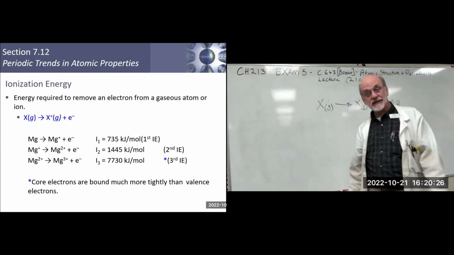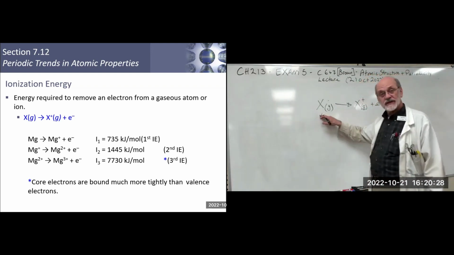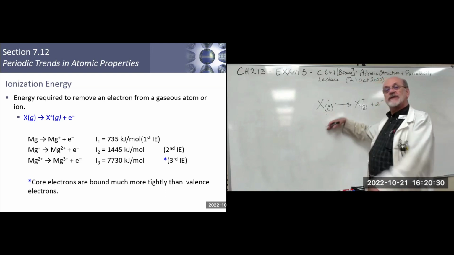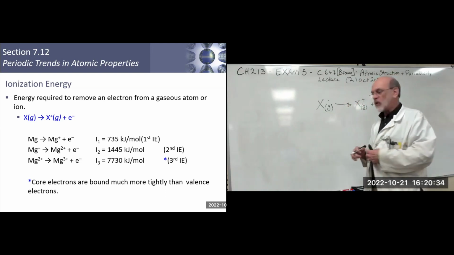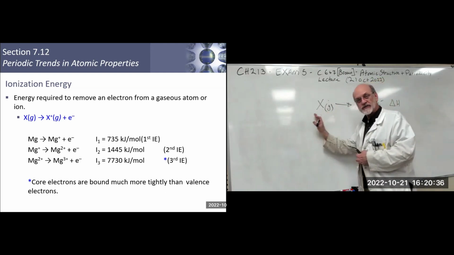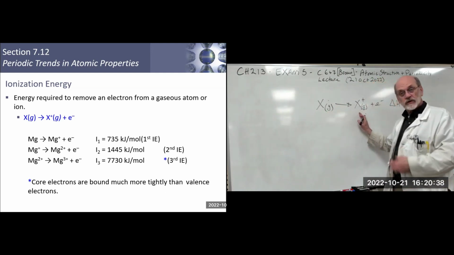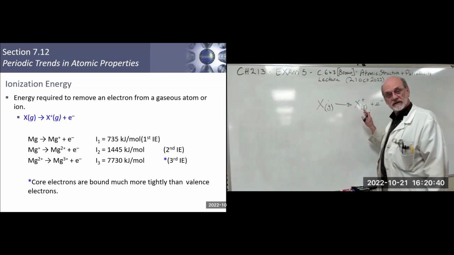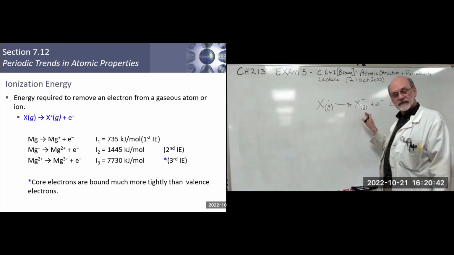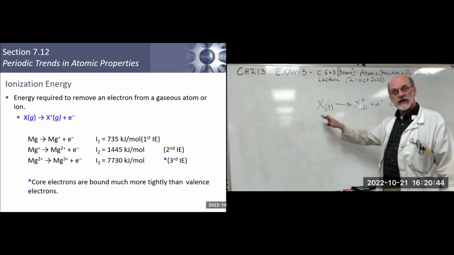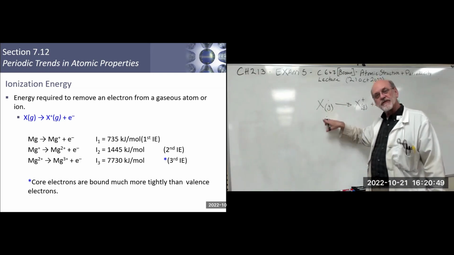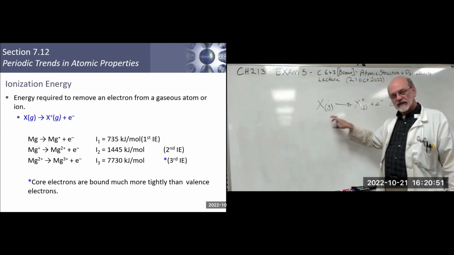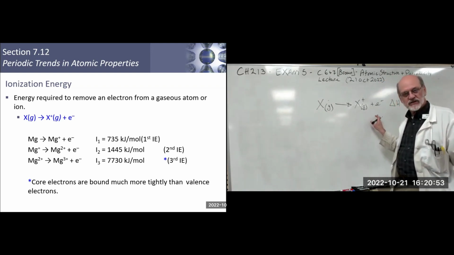That's because it takes a lot of energy to get magnesium into the gaseous state before you can even kick an electron off. If you took the energy required to go all the way from the solid to this state, you would not be talking about the ionization energy. You would be including some physical changes along the way. So you've got to get it in the gaseous state first, then you can evaluate the ionization energy.